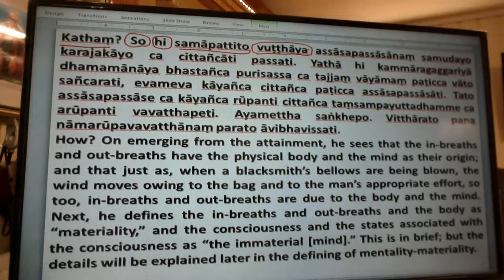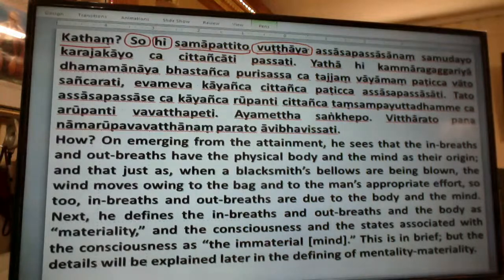That is what he needs to do. If you just stay in the jhana stage, samadhi stage, how can that person change to vipassana? Can't do that, because the samadhi nature and the vipassana nature, the meditation objects, are totally different.